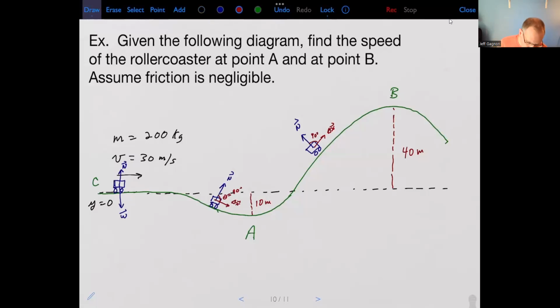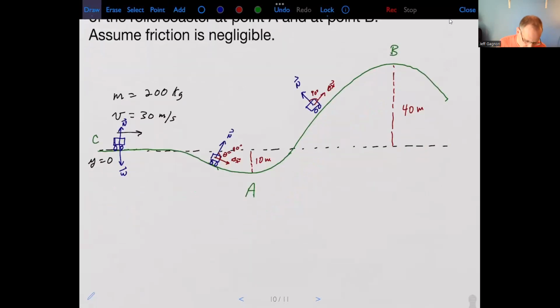That means the only force acting is the weight here. And since that's a conservative force, then we can apply the fact that mechanical energy must be conserved. So just by using that argument, the normal force does no work, the only force acting is this conservative force, the gravitational force, which is the weight, and we know that mechanical energy is conserved.